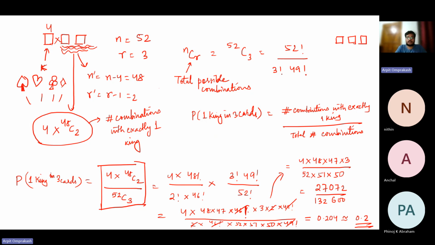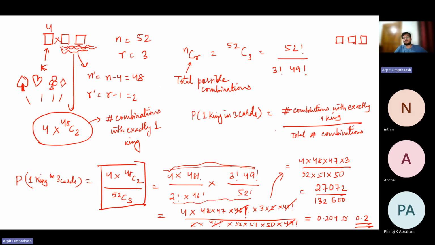I'm not sure if the NPTEL one has it, but even if it does not have this, it should have a way to calculate factorial, right? So you can just write this equation and calculate this whole number and this whole number without having to simplify.